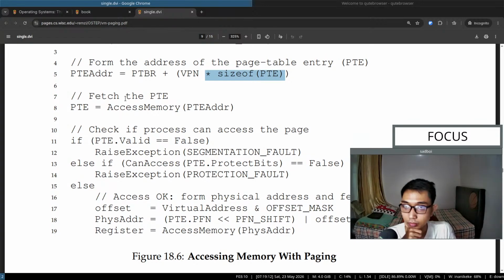Then we get the page table entry address. Okay, so we have the base register too.